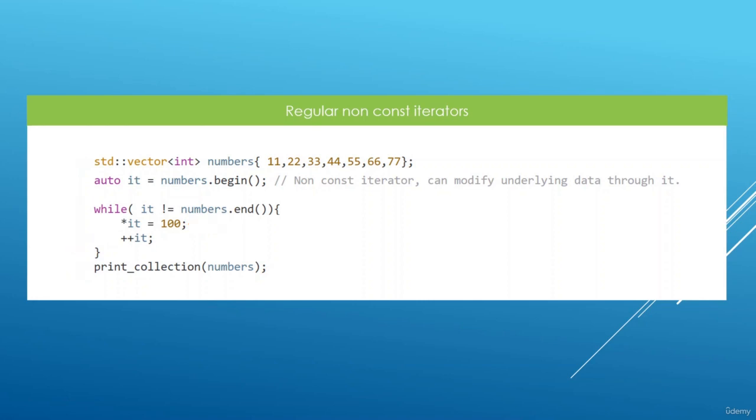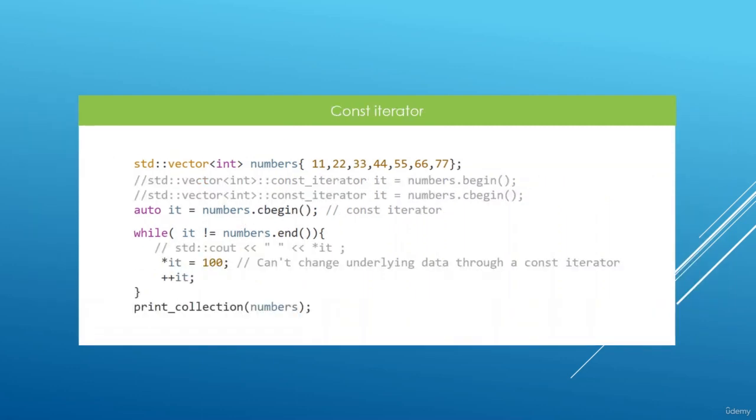Now, it is possible to set up constant iterators that forbid you from doing something like this. And there are different ways to get hold of constant iterators. One is to explicitly say that you want a const iterator using std::vector<int>::const_iterator if you are working on an std::vector, and this is going to give us a constant iterator. Another way is to use the cbegin method, which is also going to return a constant iterator you can't use to modify what is pointed to by the iterator.